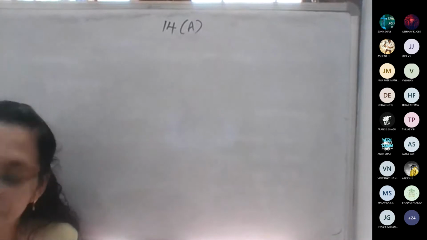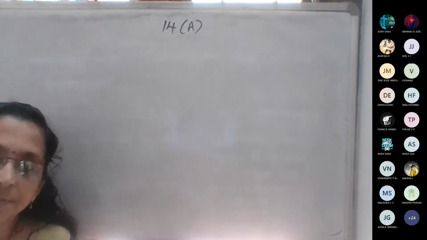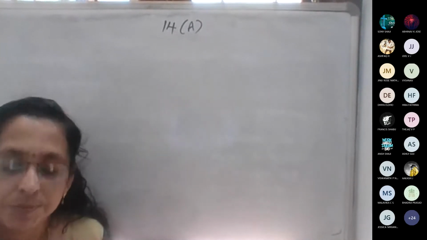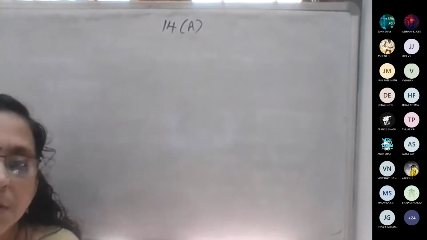If m and n are in the ratio. No idea? Tell me. Turn your page. Section formula: (m1 x2 plus m2 x1) by (m1 plus m2), (m1 y2 plus m2 y1) by (m1 plus m2).